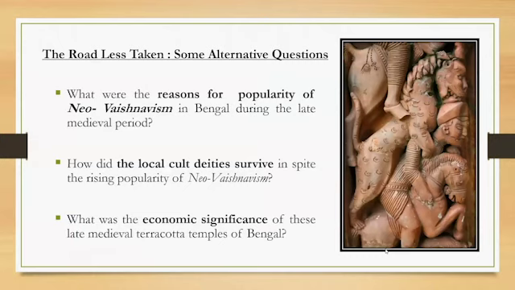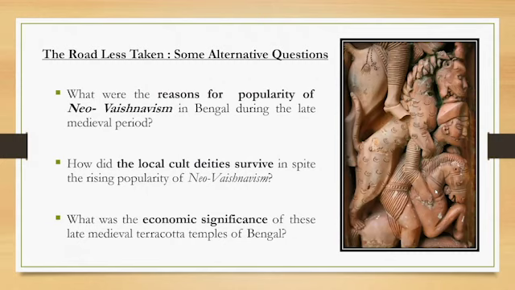Why is it that Neo-Vaishnavism was successful in achieving this enormous popularity in a terrain not devoid of the presence of both Brahminical gods and goddesses, along with popular cult deities like Manasa, Shitala, Dharmaraj, etc.? Also, how are these gods and goddesses managing to keep their followers and worshippers in this ever-rising popularity of Krishna?